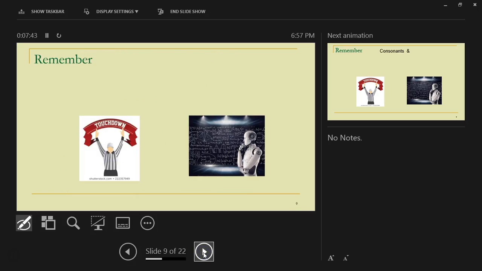So the way I remember what to do when I'm faced with a change in one of my factors is I have two mnemonic tools for myself. One of them is the word touchdown, or TD. TD is the two sets of consonants that are together. And the other one are two vowels that are together.